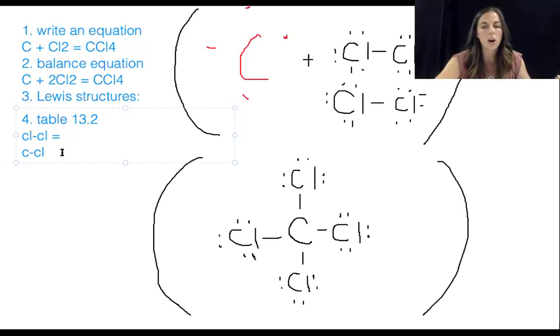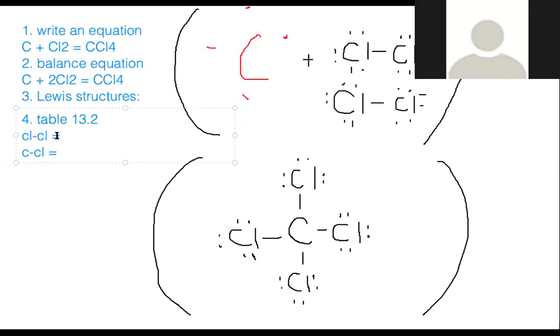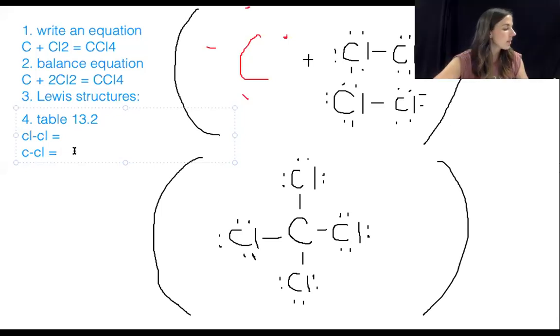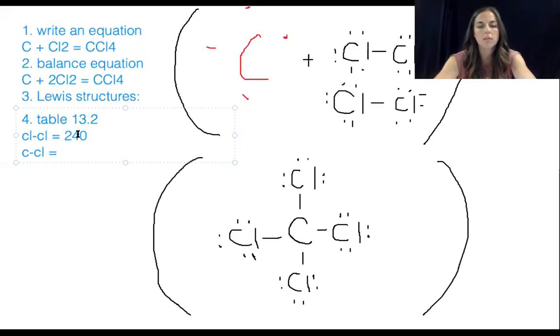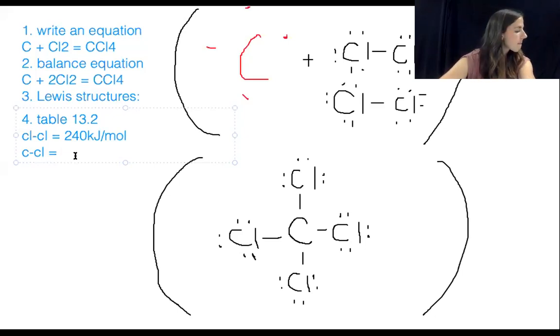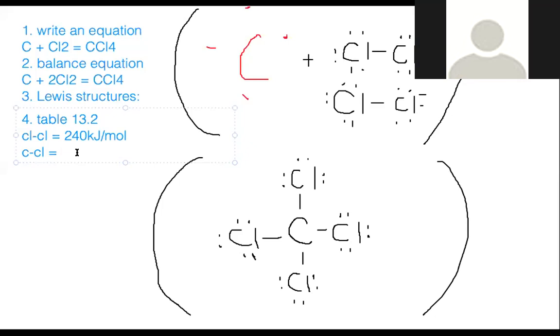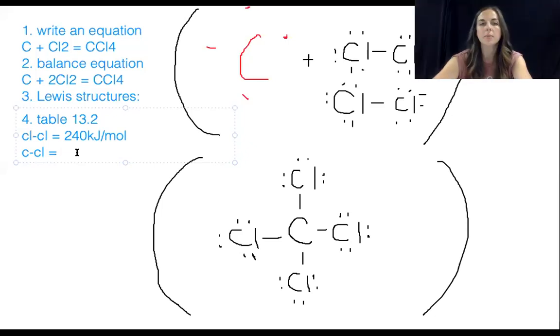Garrett, you'd be looking for carbon to chlorine. Carbon to chlorine? Uh-huh, single bond. Chlorine to chlorine is 240 kilojoules. Good. I just want to make sure y'all know how to use that table. All right, Garrett, did you find carbon to chlorine? What page is it? 456.